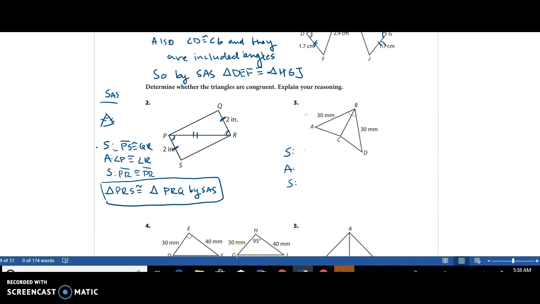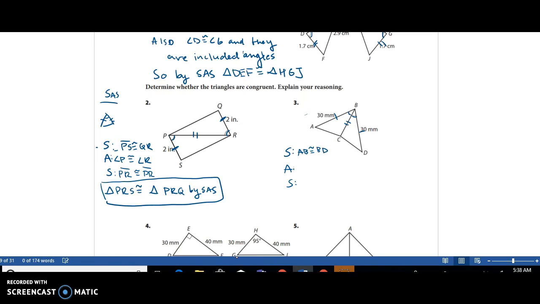I like to start by marking it up, so I can say these are congruent to each other, these angles are congruent to each other. What else can I say? This side is congruent to each other, the one that it shares. Is that set up for SAS? It sure is. Alright, side AB is congruent to side BD.